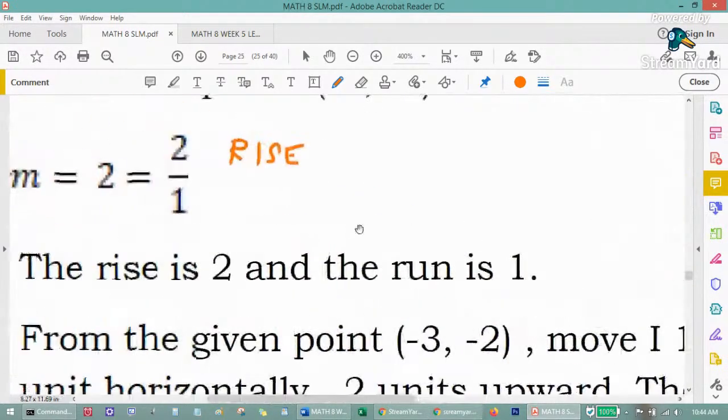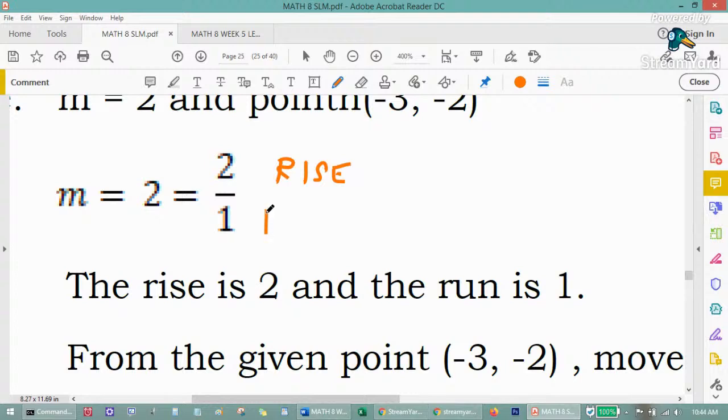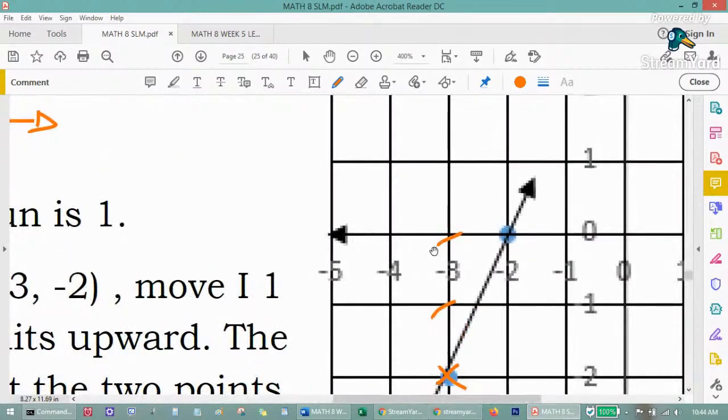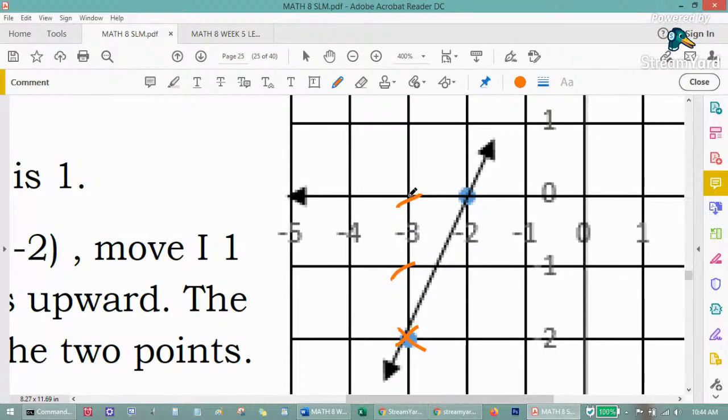So, pagkatapos natin ng rise, tignan natin ang run. Ilan daw ang tinakbo niya? Positive 1. So, since this is positive, tatakbo siya papunta sa kanan, sa right side. So, dito tayo tumigil. Tatakbo tayo ng isa papunta sa right, 1.